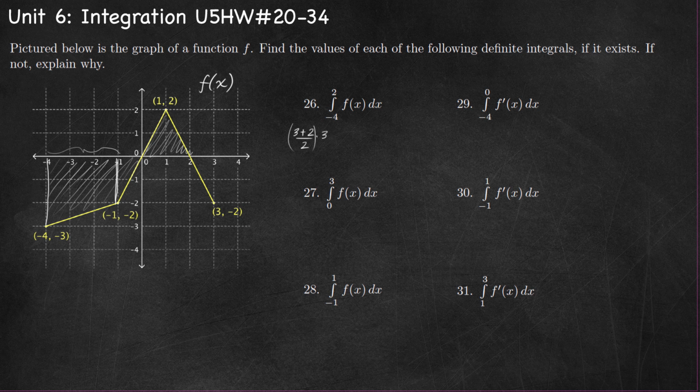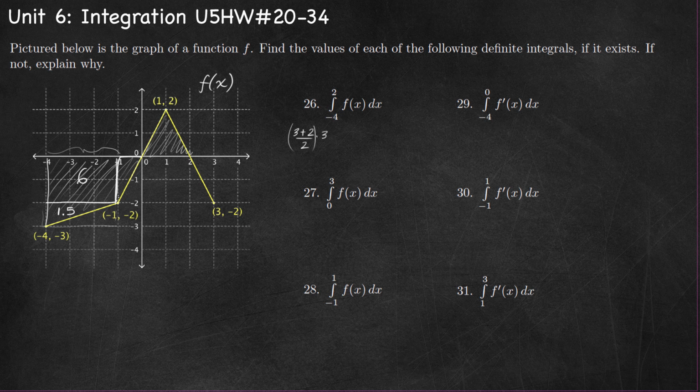You could also split it into a rectangle and this long triangle here, and that will work as well. So for the rectangle, we have an area of 6. For the triangle, when I have to find the area of these triangles, I usually just make it the rectangle and then cut it in half. So this is half of a 1 by 3 rectangle, so it has area 1.5.